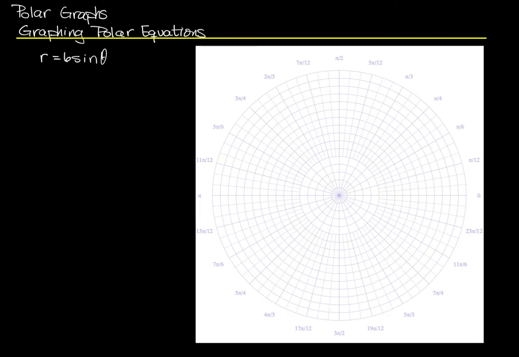So this time instead I'm going to let every other one of these be 1. So there's 1, 2, 3, 4, 5, 6, 7, 8. So my graph could be as big as 8 because I'm on a circle. This is also 8, this is also 8, and so on.